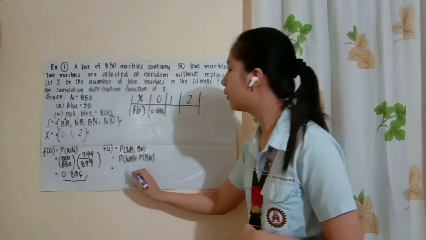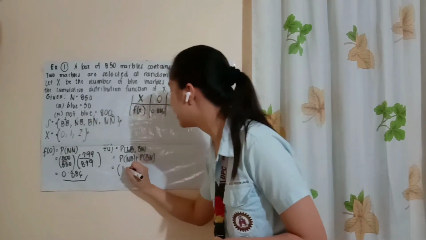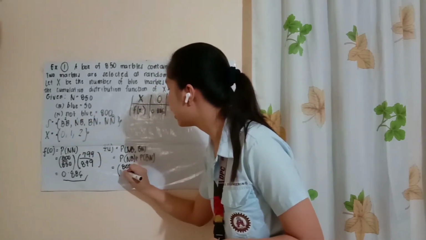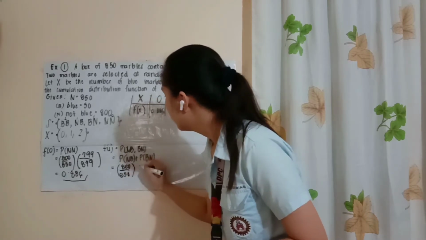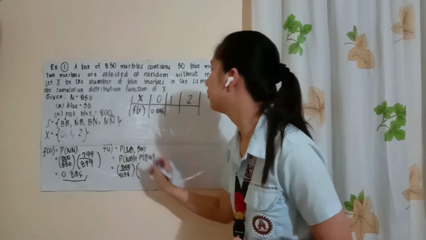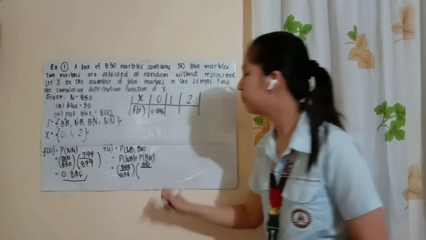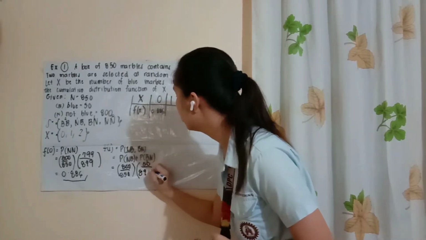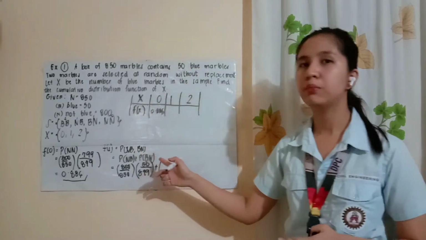So, for the first one, N, ilan ba yung N natin? We have 800, or not blue, 800 yon, over 850, times, so ilan ba yung blue? We have 50, over, since kumuha na tayo ng isa, magiging 849 na lang. So, plus, ilan ba yung blue natin?